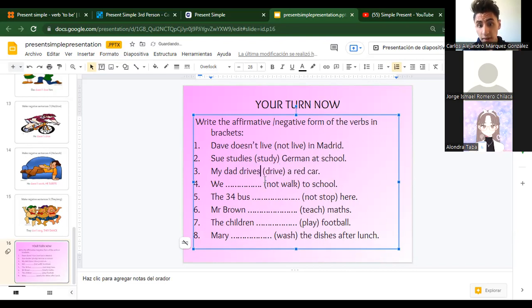My dad drives a red car. We don't walk, okay? We use don't for I, you, we, they. The bus, sorry, for bus, it's like it, so we're going to use doesn't, okay?